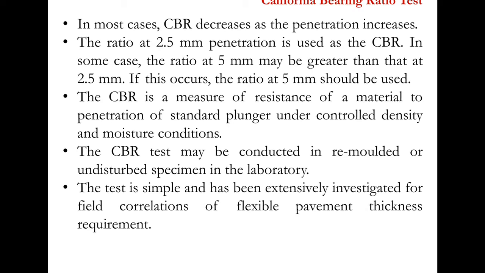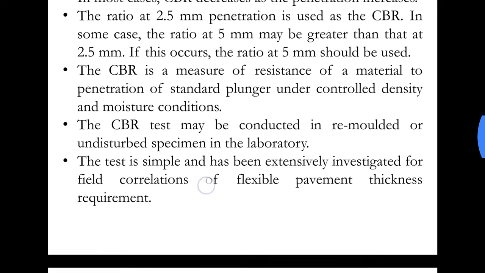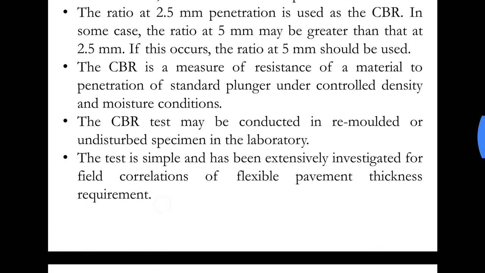So we can either bring in a disturbed soil sample, compact it and then test it, or we can bring undisturbed soil samples to the laboratory and directly test them for their CBR strength. The test is simple and has been extensively investigated for field correlations of flexible pavement thickness requirement. The CBR values are correlated to find out the flexible pavement total thickness.